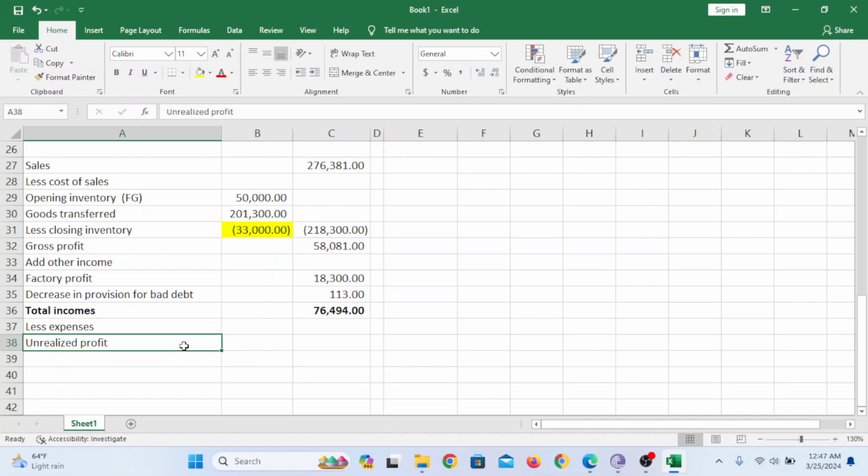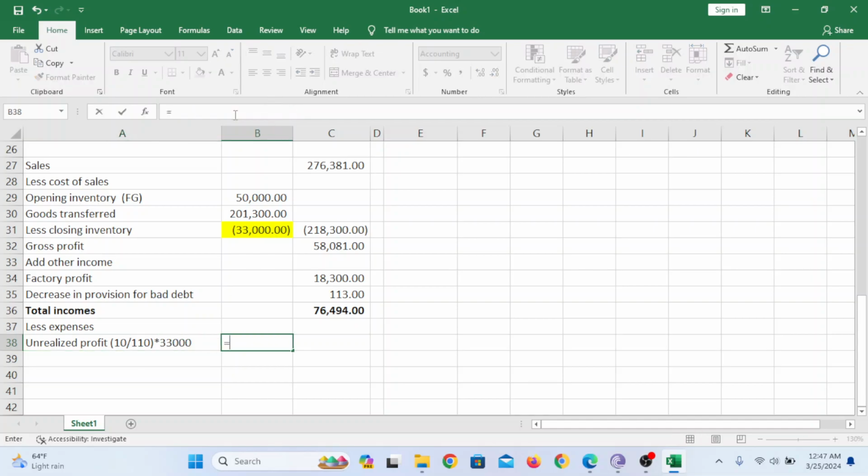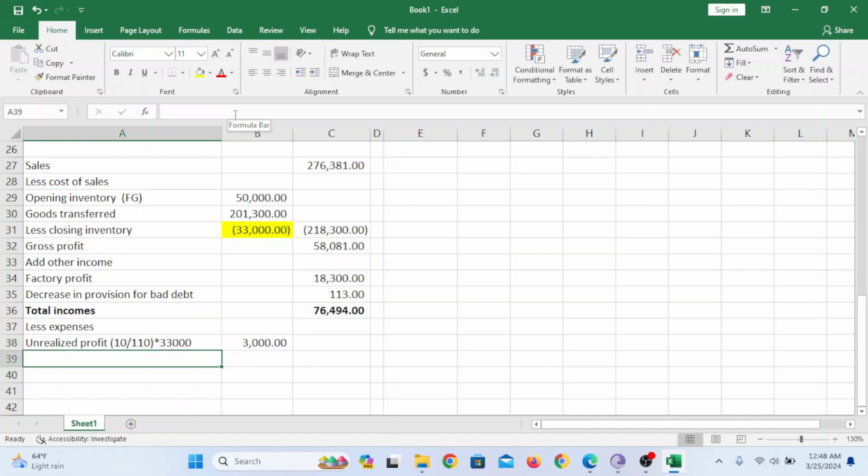So we need to work out that unrealized profit, because that will be 10 over 110, multiplied by the closing inventory of 33,000. So that is 10 divided by 110, times 33,000. It is giving me 3,000. That is the first item.